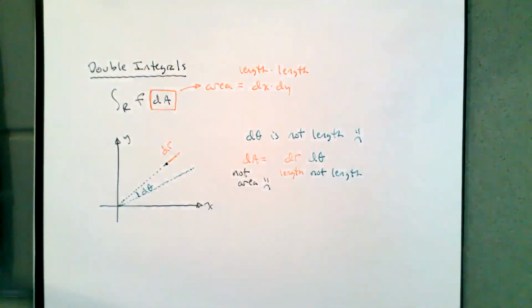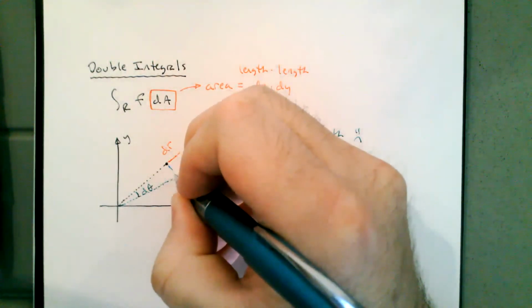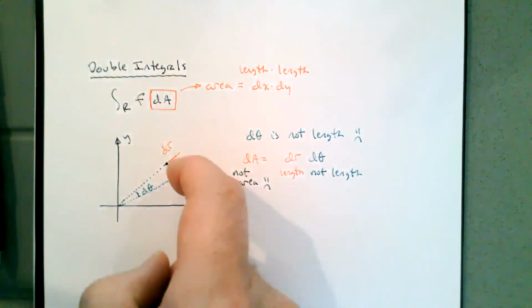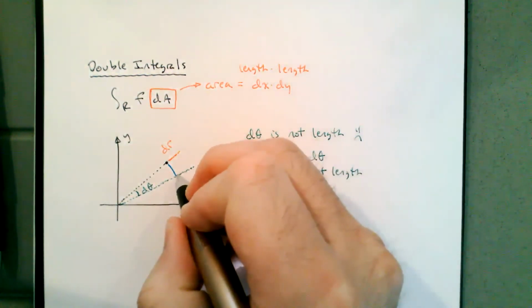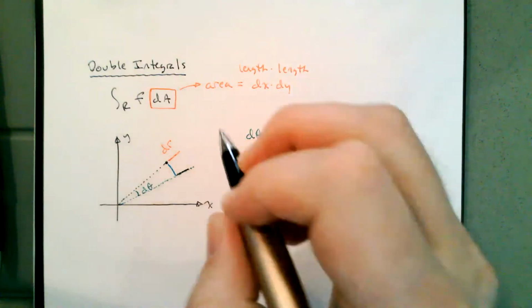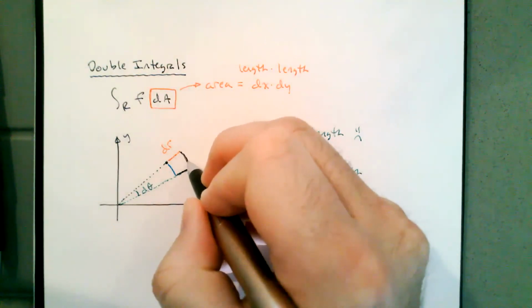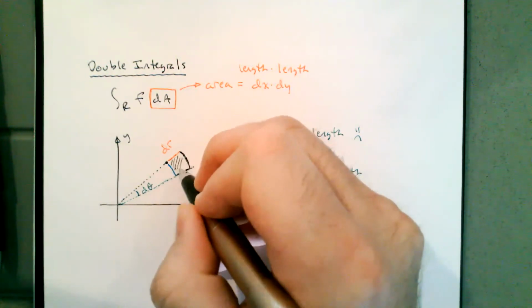What we want is a little chunk of area. So I want that to be a length. And I'm going to straighten this out, because if d theta is small enough, this is not that curvy. But we're looking at this small piece of area. And this is what we want to be our dA.